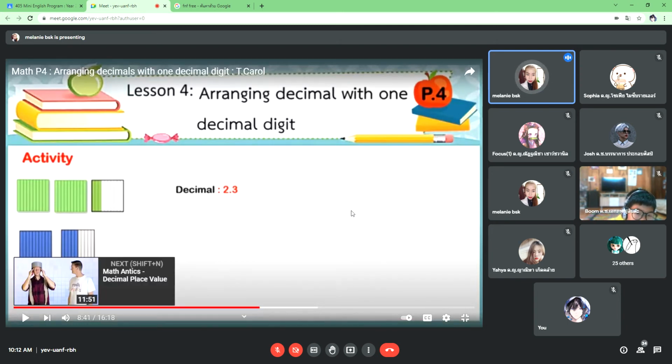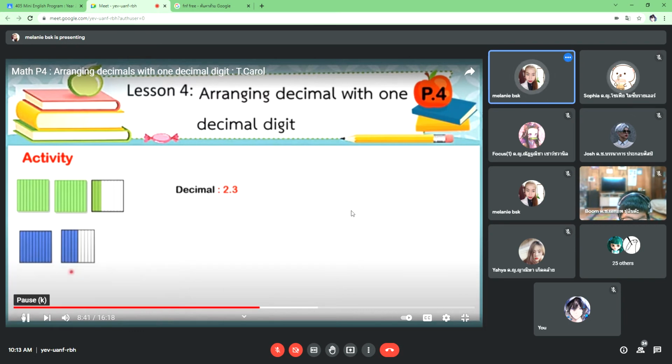How are you going to say it in decimal? Anybody? 1.5. Okay. And how many squares are in full color? There's only one. So the decimal is 1.5.